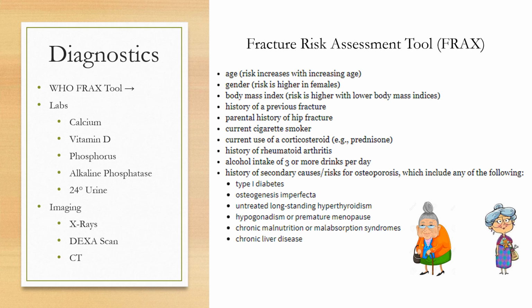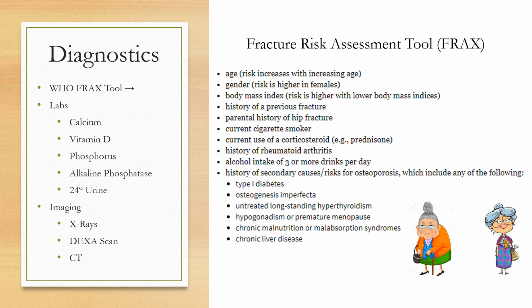By the way, coffee intake is a risk factor for osteoporosis. Okay. What else? Alcohol. So alcohol intake can also impair bone development and lead to osteoporosis. What about secondary causes? So say you have type 1 diabetes, that's a risk factor for osteoporosis.